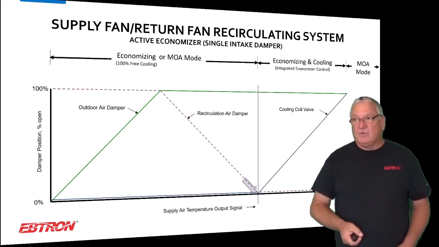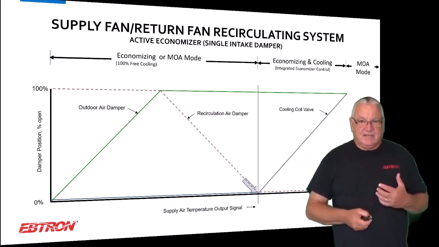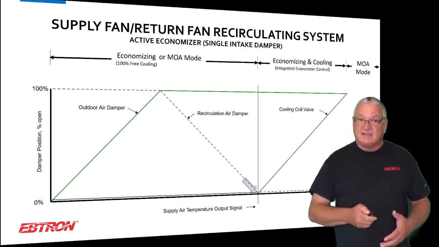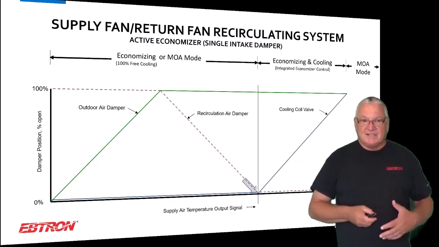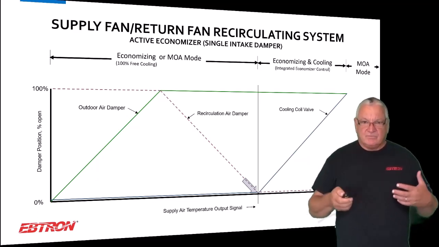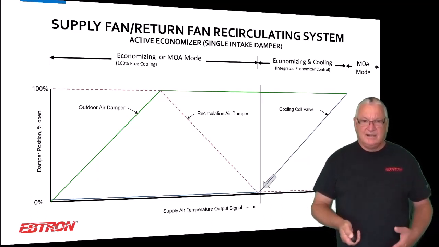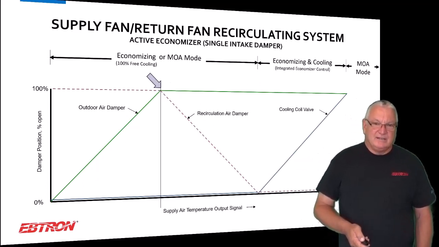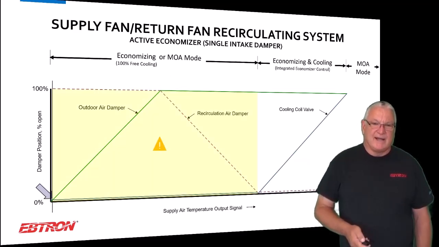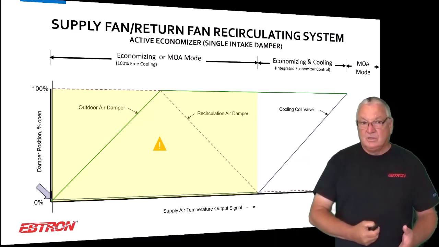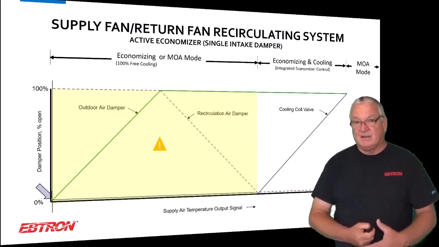Now you get to a point where the outdoor air temperature has really gotten to the point where you need to reduce the outside air. So it's this economizing mode where we're looking at free cooling 100%, and we're going to modulate down here. And we're going to eventually, as it gets colder and colder, cut the outside air back. And honestly, somewhere in here you have to be concerned if you've gone below the minimum, that you shift back into minimum outside air mode.